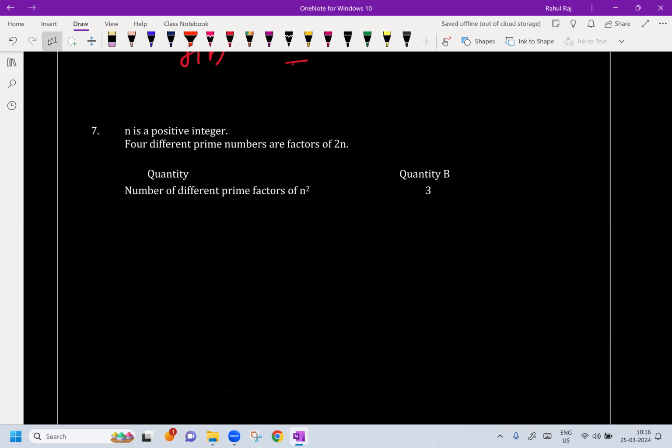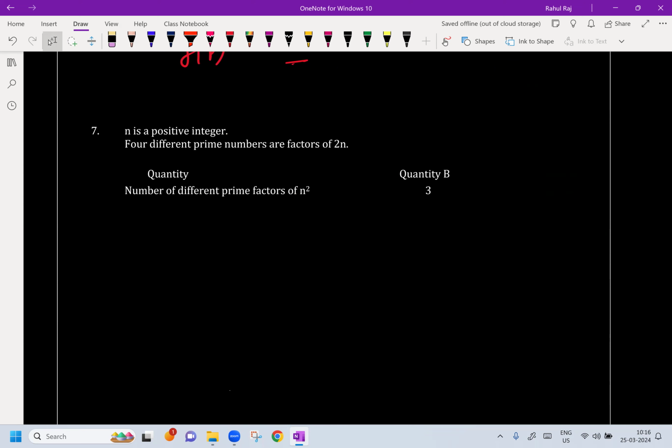Can we do the seventh number? N is a positive integer. 4 different prime numbers are factors of 2n. This is normal. This is A1.